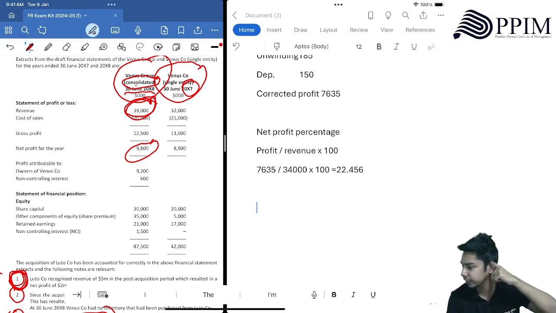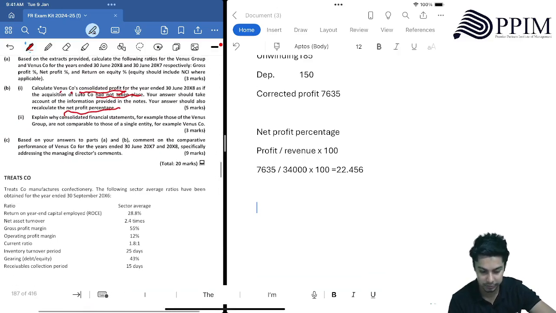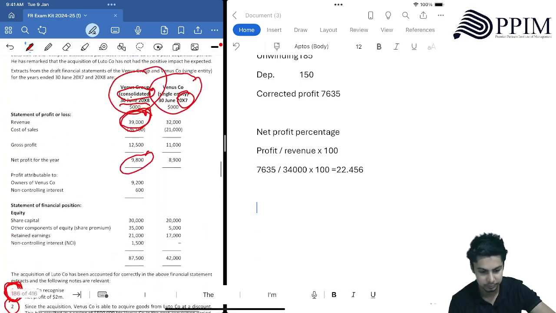Even if you compare a subsidiary's individual income statement with consolidation, same problem, no? Because consolidation will have two entities' numbers, while the individual income statement will have only one. Here they are asking about Venus Corporation, that's why I'm answering according to the question.